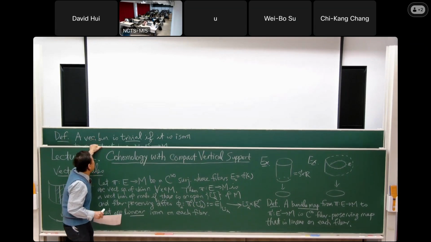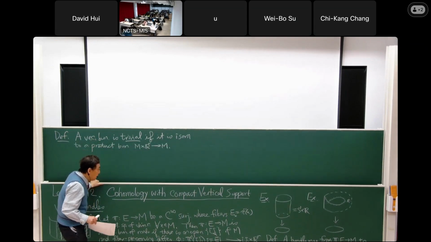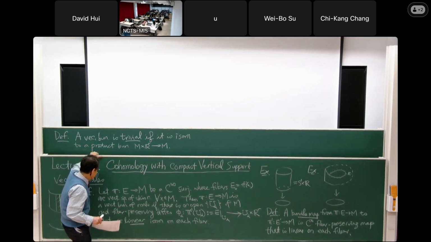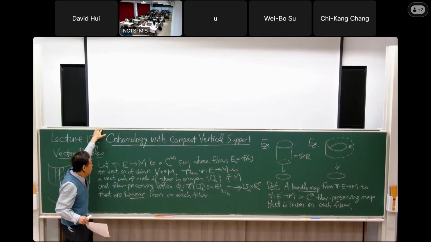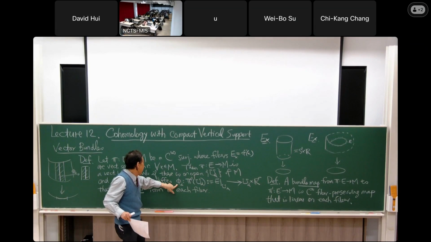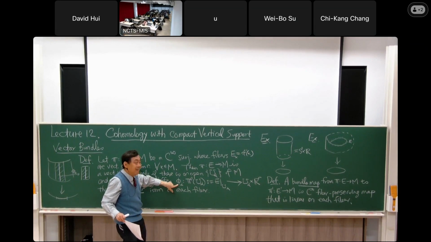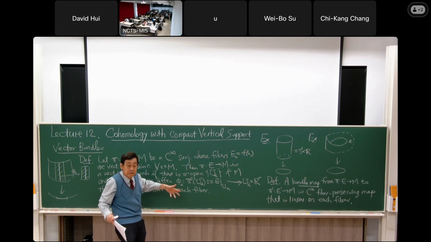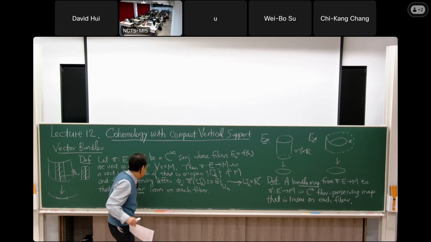Now, in the definition of a vector bundle, these diffeomorphisms phi alpha are called trivializations.